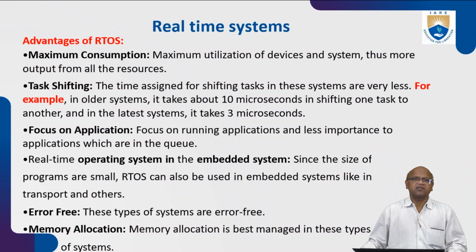Focus on applications: the focus is on our running applications, with less importance to applications in the queue. If the present operation is not done in time, there will be a fatal accident, so the present application is very important. Most of the time we use real-time operating systems in embedded systems.